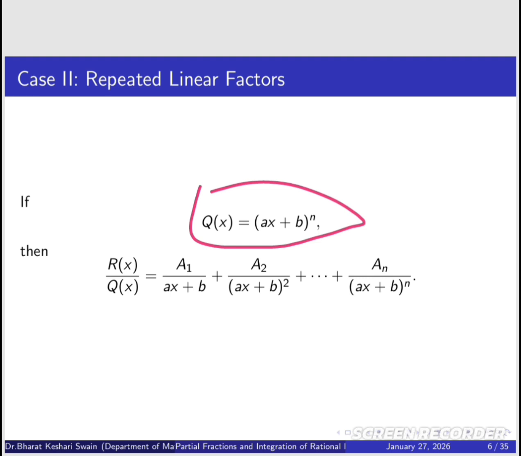So in that case, we have to write your Rx by Qx like this: a1 by ax plus b, then a2 by ax plus b whole square, and up to an by ax plus b whole to the power n. So we have to check how many times your factor is repeated.